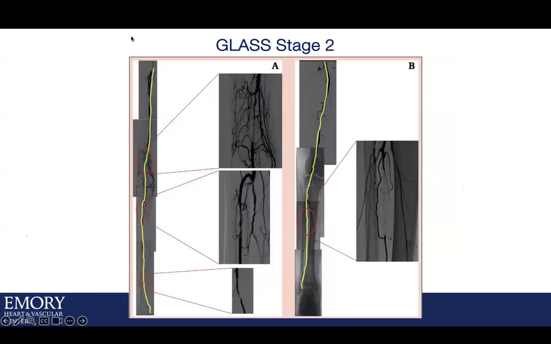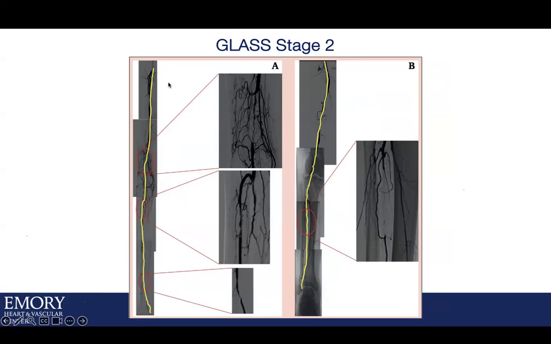Then we have GLASS stage 2 examples. These are two different examples. This patient has a TAP of SFA, popliteal and anterior tibial. And then there's an occlusion here, or lesion in the SFA to popliteal, and there is a short lesion in the anterior tibial here, and that's why this is a GLASS stage 2.